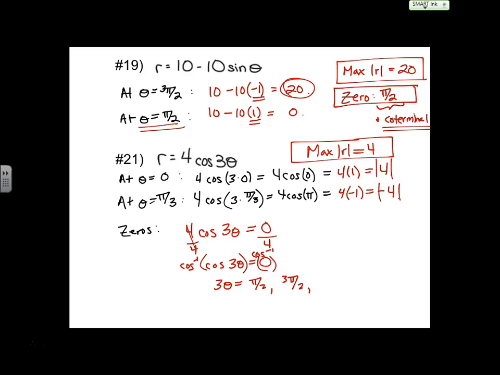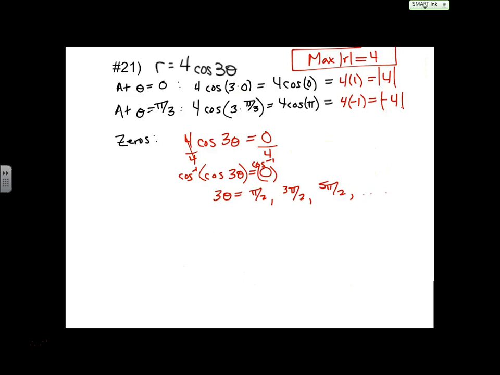Good. Pi over 2, 3 pi over 2. We're just trying to find a pattern to the zeros, so I'm just trying to find a few pi over 2s: 1 pi over 2, 3 pi over 2, 5 pi over 2. I need to solve for theta though, so what am I going to do? Divide everything by 3. So instead of pi over 2, it's actually going to happen at pi over 6, because if I plug pi over 6 into my argument, it's going to be multiplied by 3.